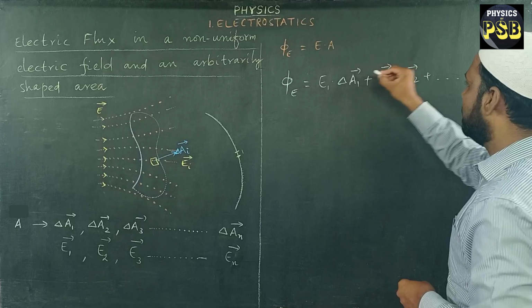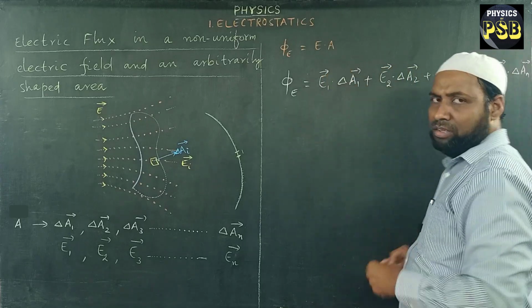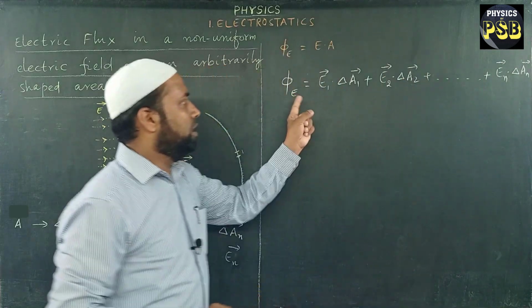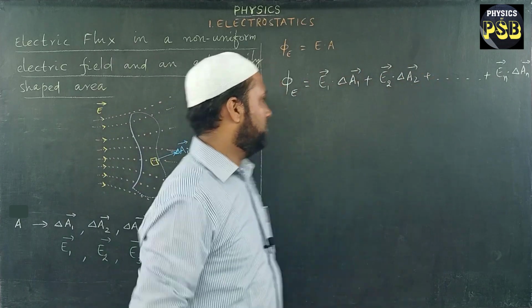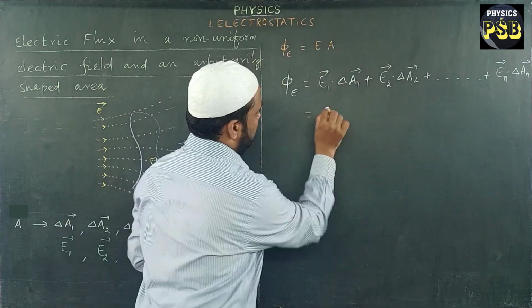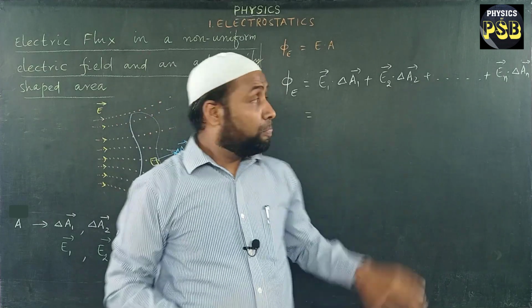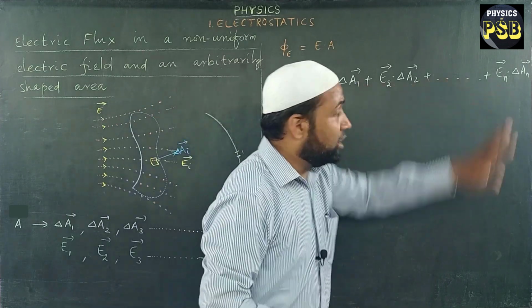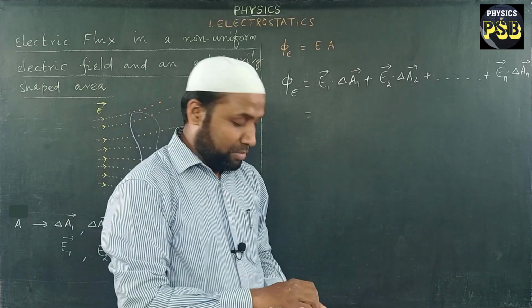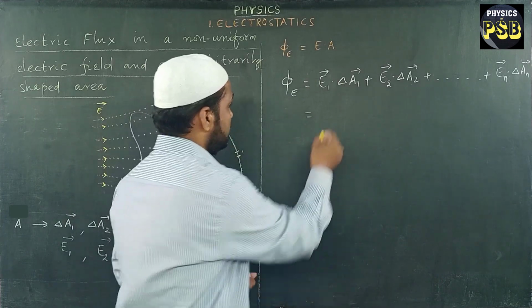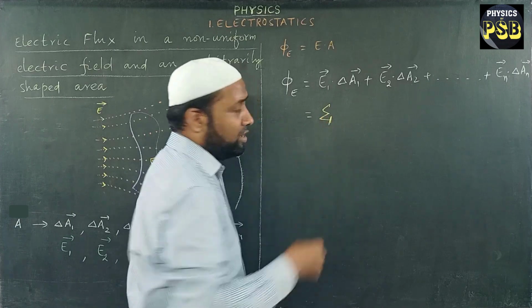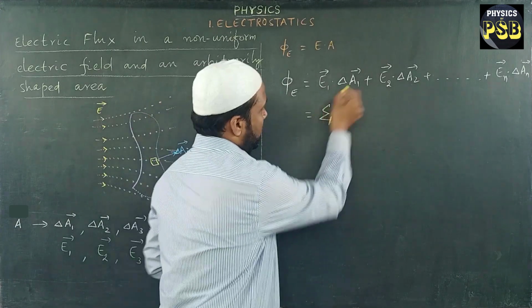Here electric field is a vector quantity, so we have used an arrow mark everywhere. Now we know very well in mathematics as well as in physics, whenever we come across a summation, we use a symbol. That symbol is nothing but sigma. Here sigma stands for summation.